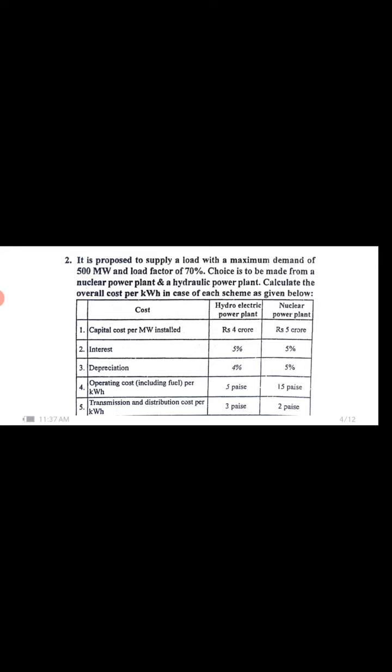Depreciation is 4% for hydroelectric power plant and 5% for nuclear power plant. Operating cost for hydroelectric power plant is only 5 paisa per unit, whereas it is 13 paisa per unit in nuclear power plant. And transmission and distribution cost is 3 paisa per kilowatt for hydroelectric power plant and 2 paisa per kilowatt for nuclear power plant.